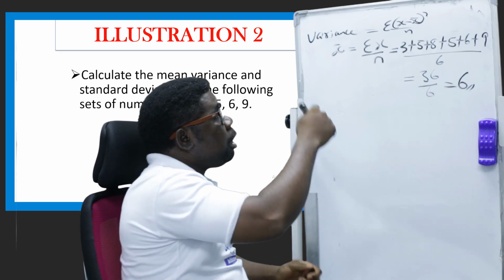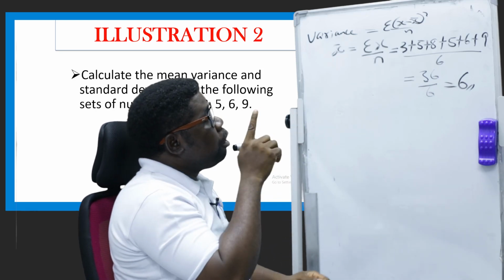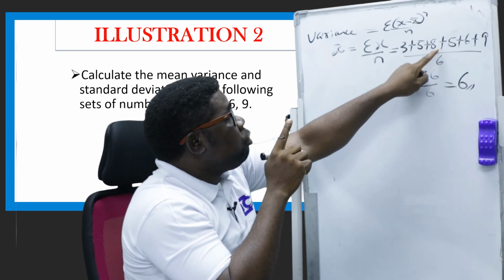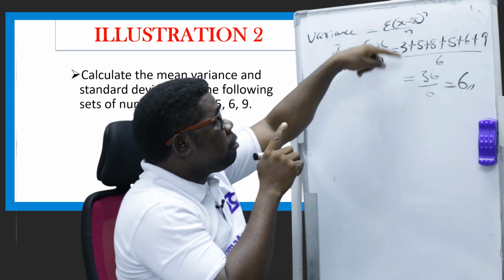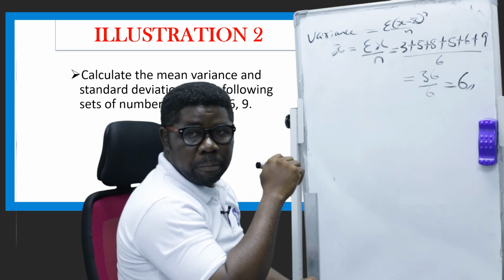We bring it down here again. For each of these x's, we look for the deviation from the mean, square it, then sum it up and divide by n.